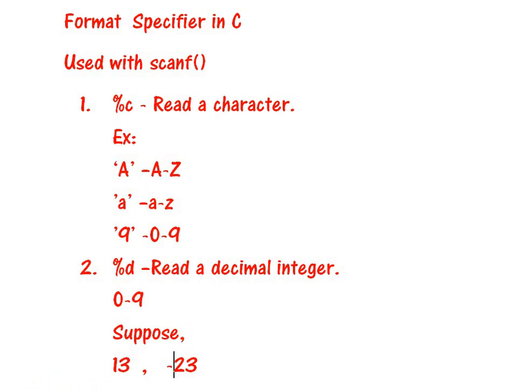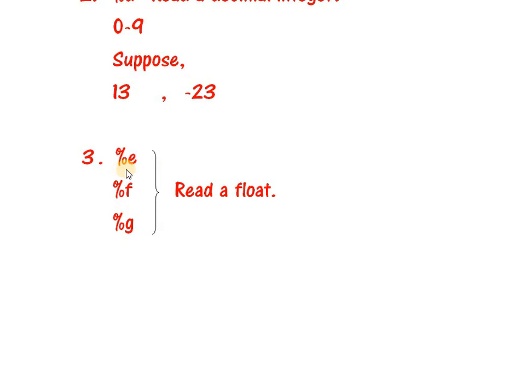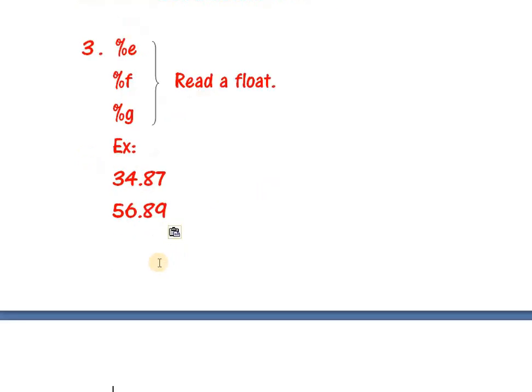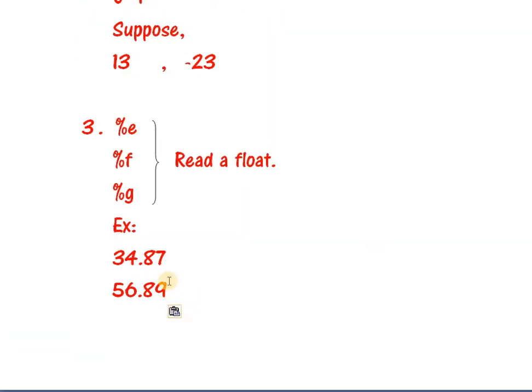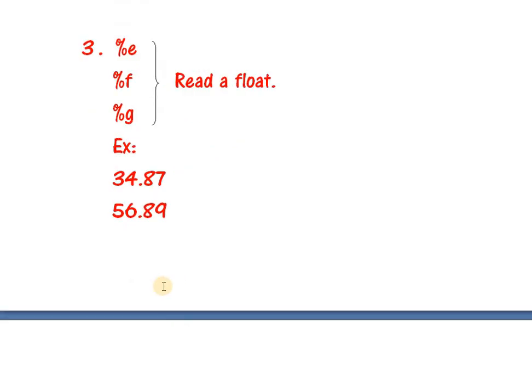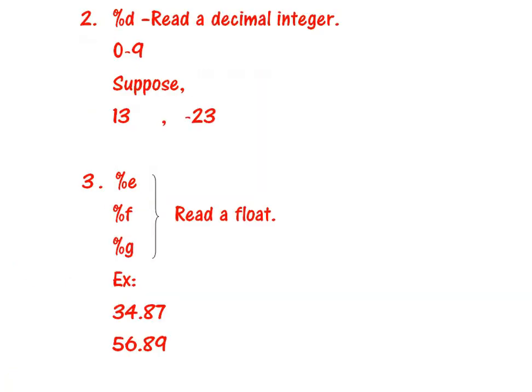Third, %e, %f, %g. These three read a float. Float value means 34.87, 56.89, anything you can write, a real number or fractional number.